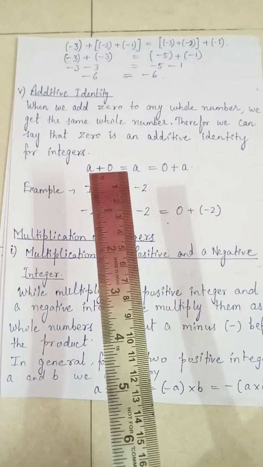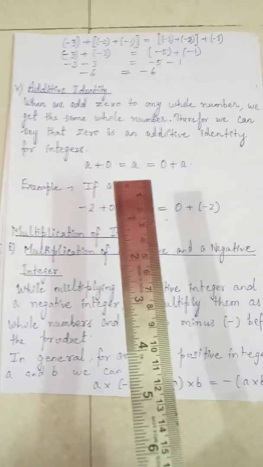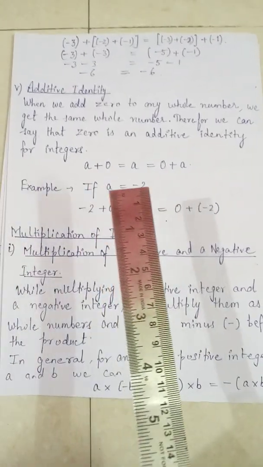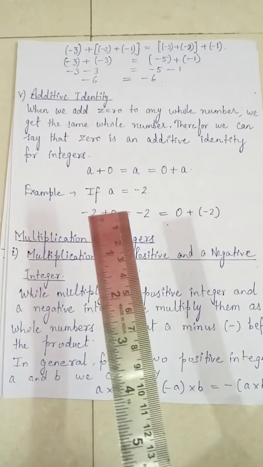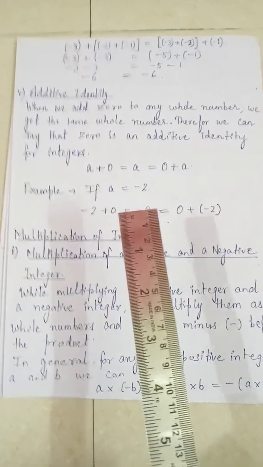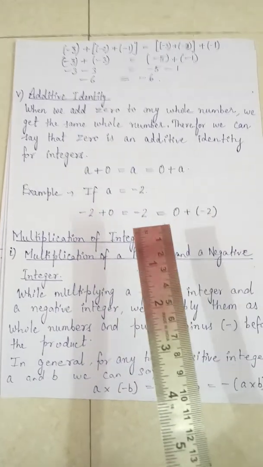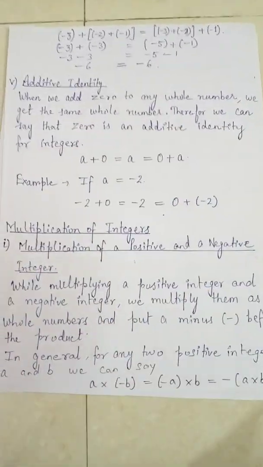That is, a plus 0 gives you a, and 0 plus a also gives you a. Example, if a equal to minus 2, that means minus 2 plus 0 gives you minus 2 only, and 0 plus bracket minus 2 also gives you minus 2. This is your additive identity.